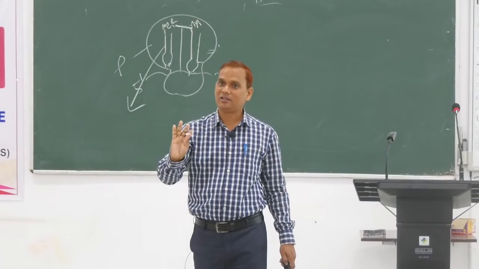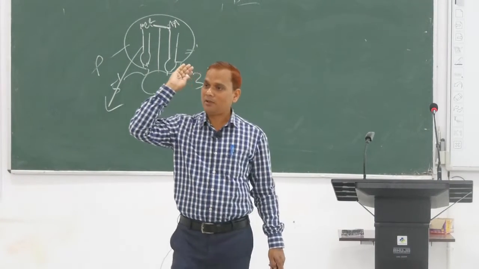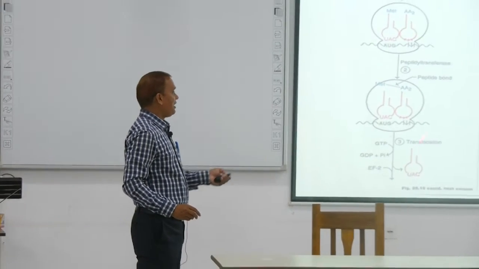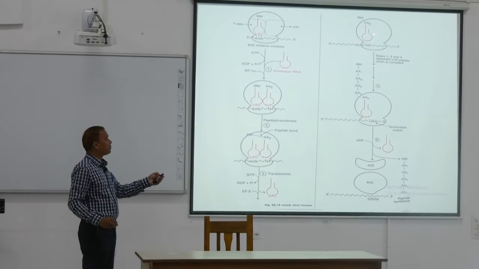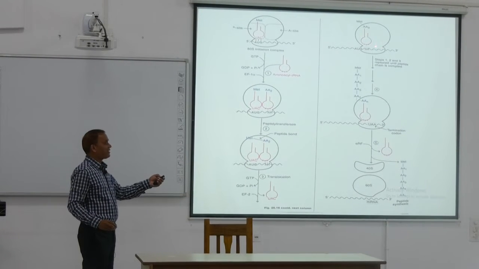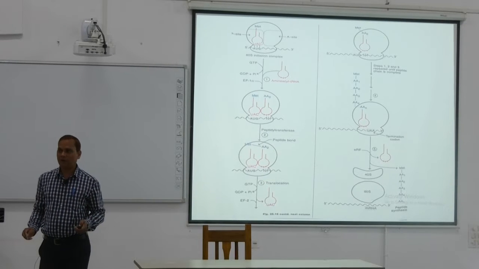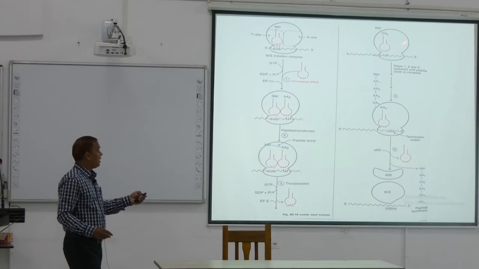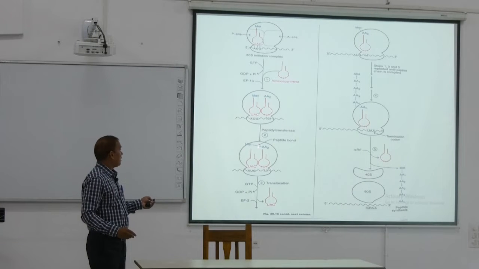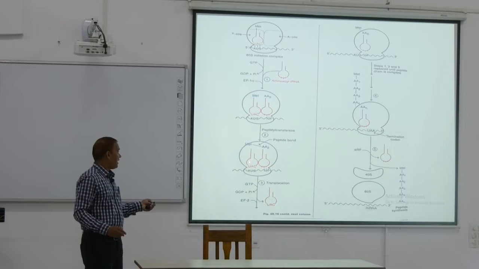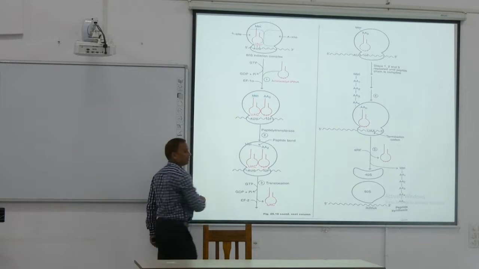Understand? Only the difference is there. That will inhibit the process where this side is empty and this activated tRNA should enter, or should bind to the A site. After that only the protein synthesis will continue. So after binding here, this tRNA will be released and this will be transferred to here.